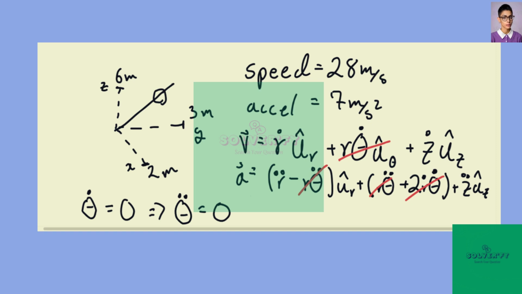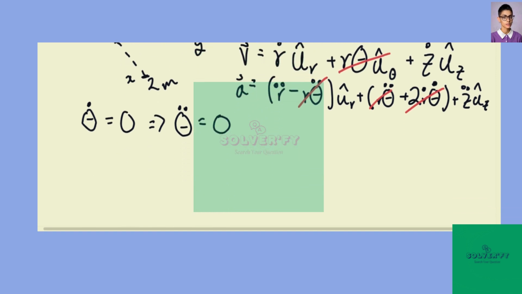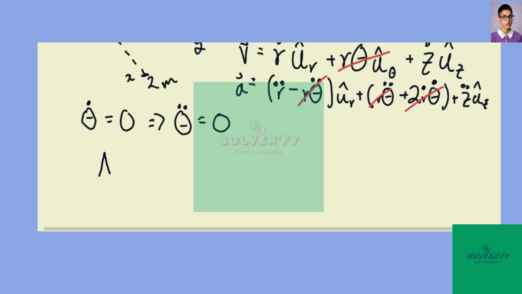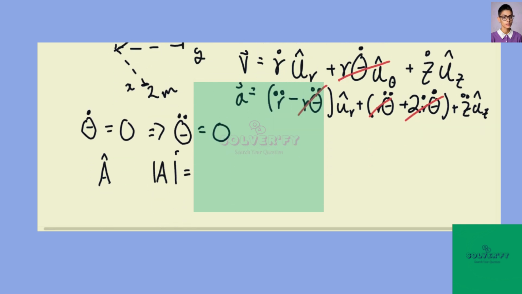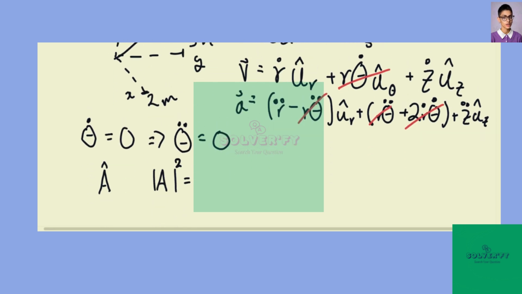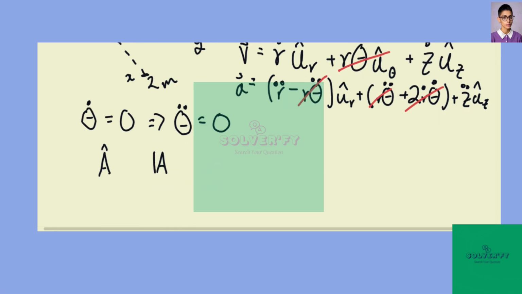So to find those, we'll first need to convert speed and acceleration into Cartesian coordinates and then convert the x and y components of that into r, and the z component will of course be the same. So for finding the Cartesian coordinates, we know that there's going to be some vector A where the magnitude of it is the magnitude of our string.